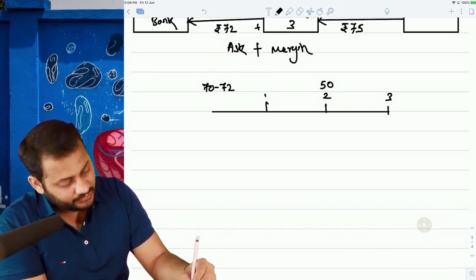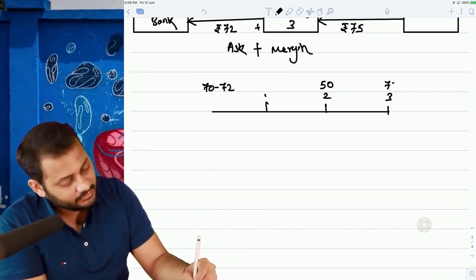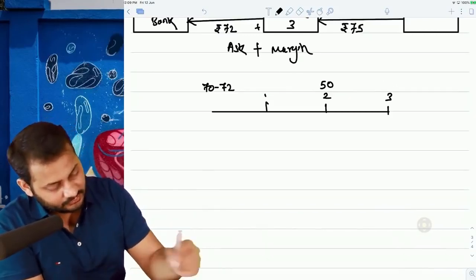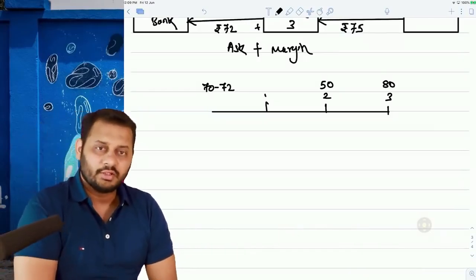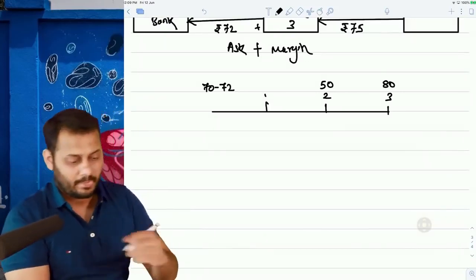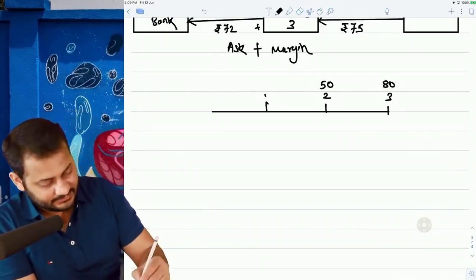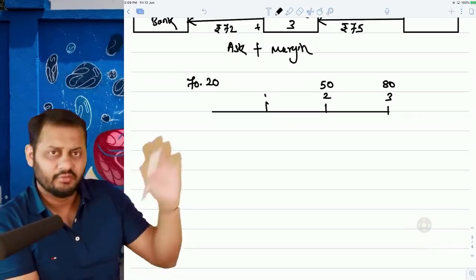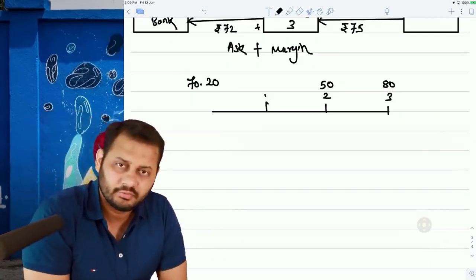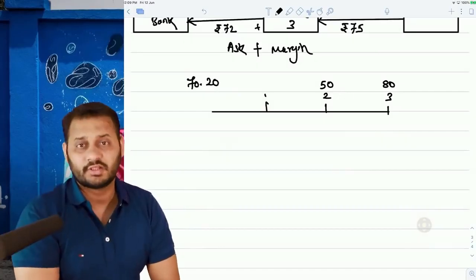And you have also been given 3 months forward as 70, or let's say 80. So if you want to calculate 2 months, let's take this rate as 70.20, only one rate. Let's keep it to one rate only for the purpose of understanding.